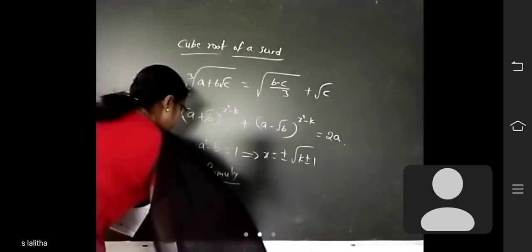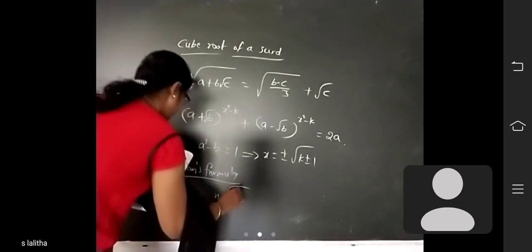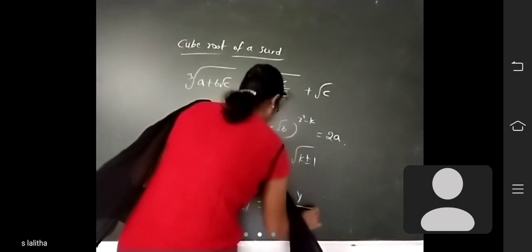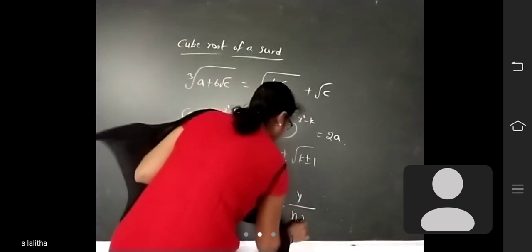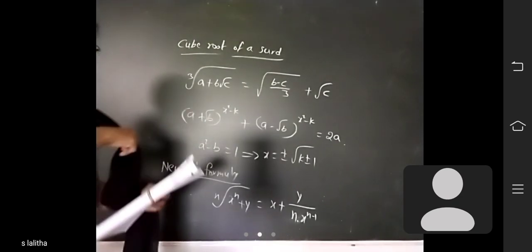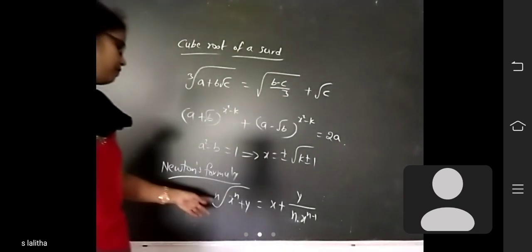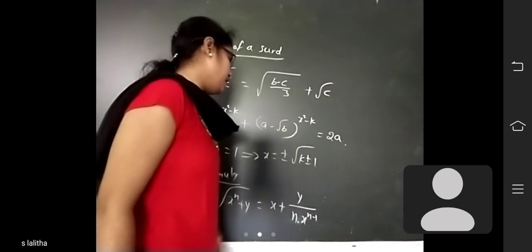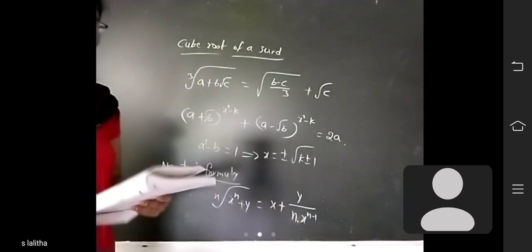Nth root of x power n plus y is equal to x plus y by n into x power n minus 1. So Newton's formula is the nth root of x power n plus y equal to x plus y by n into x power n minus 1.